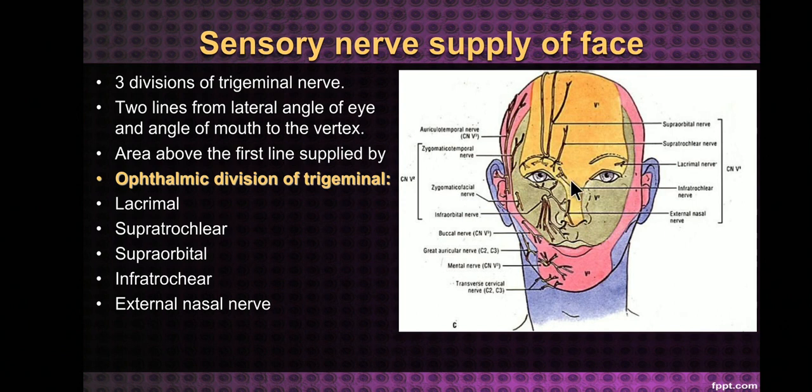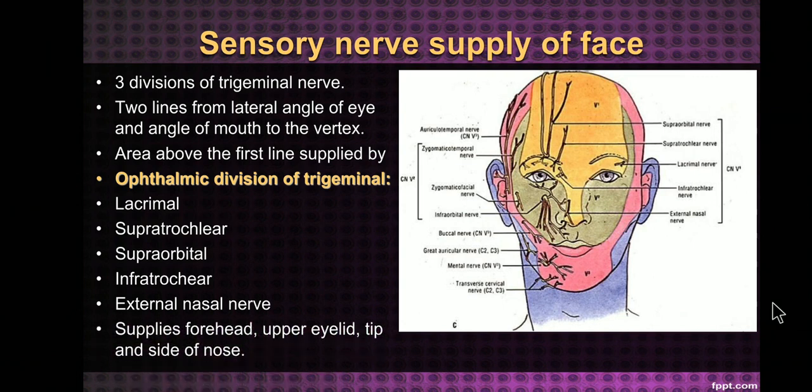Okay. So the bridge tip and the sides of the nose is mainly supplied by the ophthalmic division. 5 nerves: supratrochlear, supraorbital, lacrimal, infratrochlear and external nasal. So this is the area which is supplied by the ophthalmic division of trigeminal nerve.